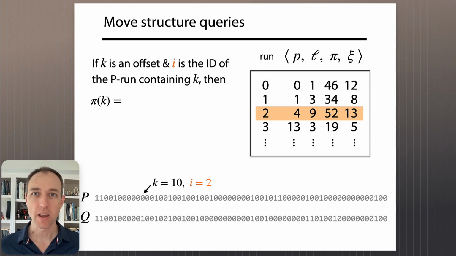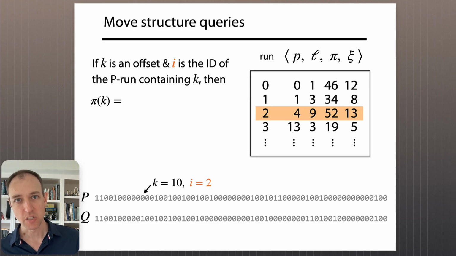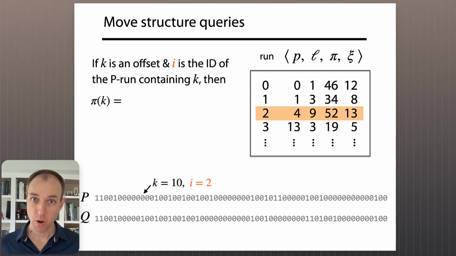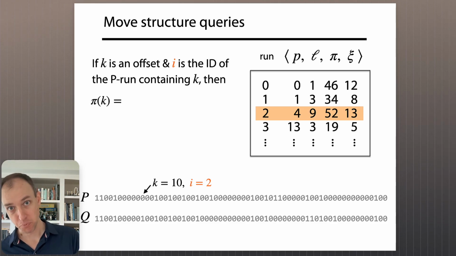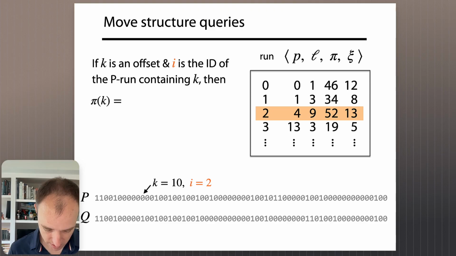Recall, everything in the run gets mapped as a block through the permutation. Everything goes through the permutation in parallel. So if we are 6 positions to the right of the run head, then wherever the run head maps to, we're going to map to 6 positions to the right of that. So pi of k, for this k, is going to be computed by first taking the move table at row i.